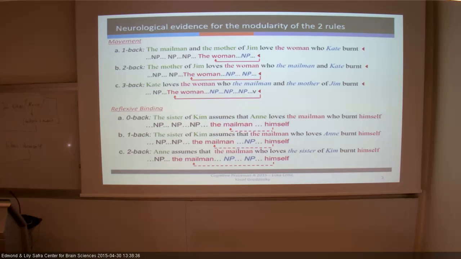They're not bizarre, they're not ungrammatical, but they're a little strange. I acknowledge that. And the question that was asked in this case was whether you will find regions in the brain that selectively activate for the increase of the taxing of whatever memory for this kind of relation, but not for this kind of relation, and vice versa.